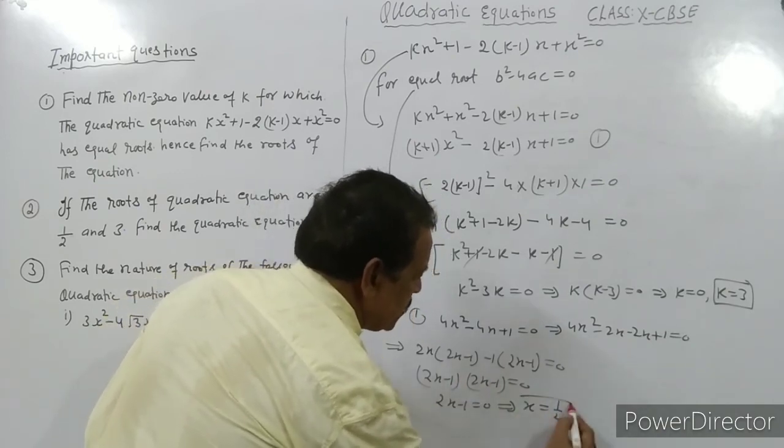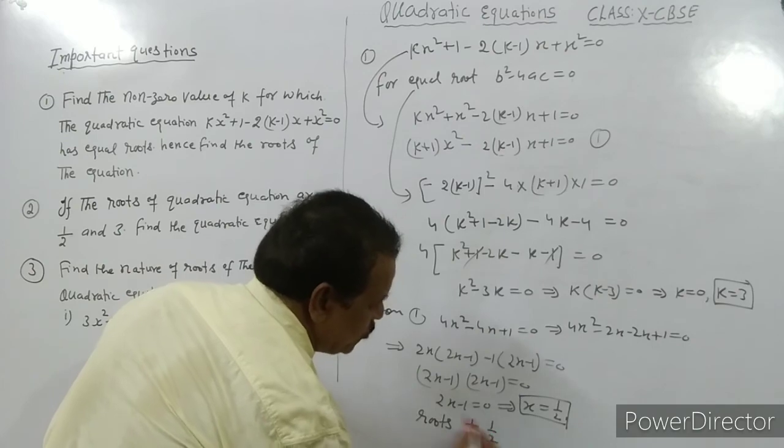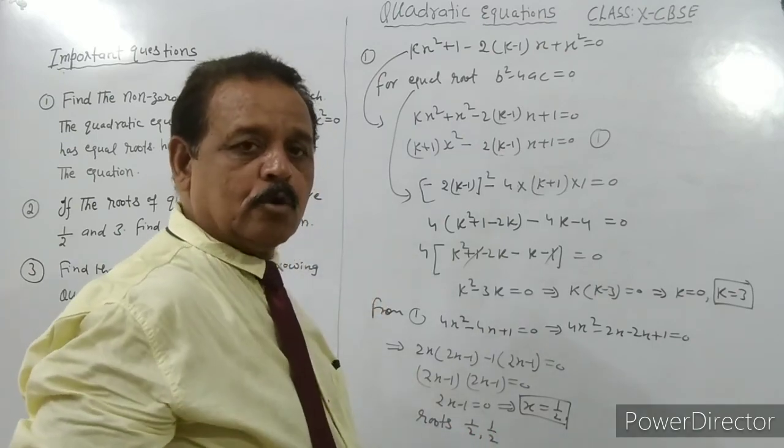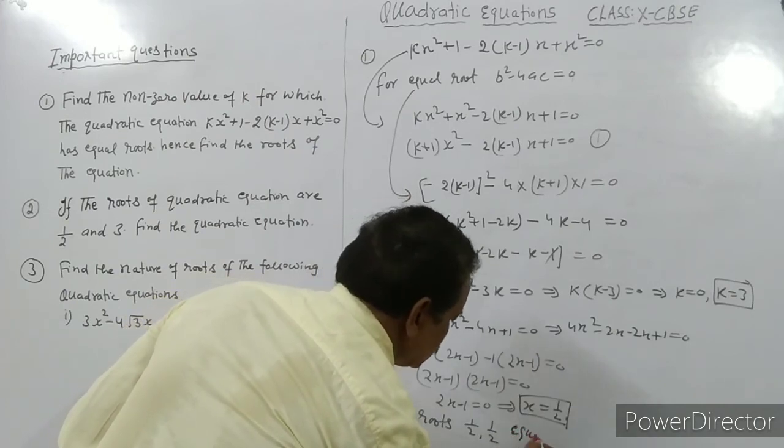So the roots are 1 upon 2 and 1 upon 2. Here we get equal roots.